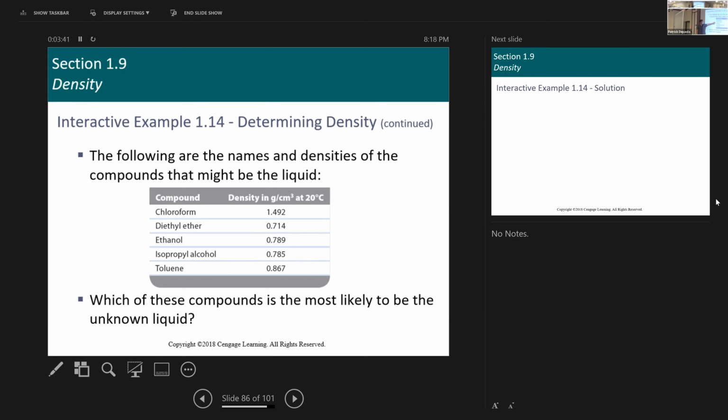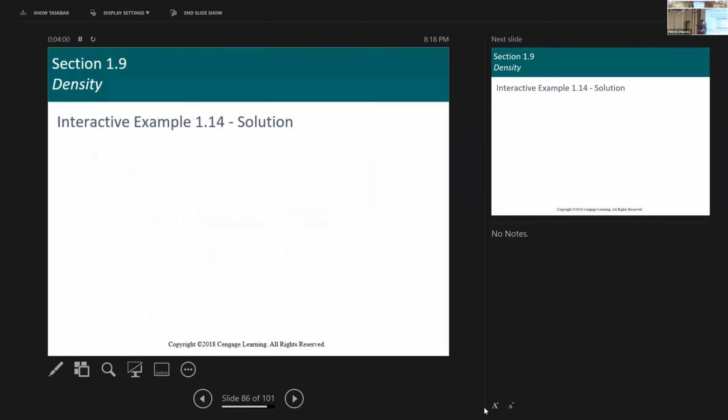So these are all organic, and organic compounds most of the time have less density than water. Water has 1 gram per milliliter. A lot of alcohols are always less dense. So it can give you an idea of what it is.